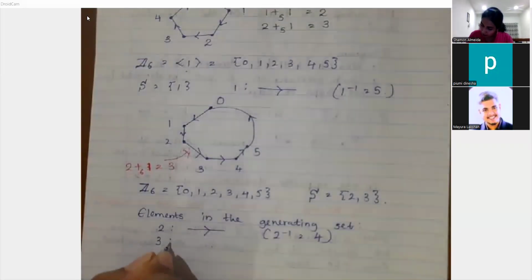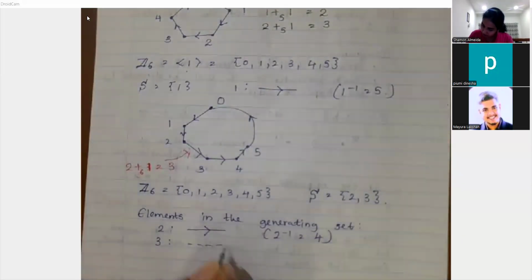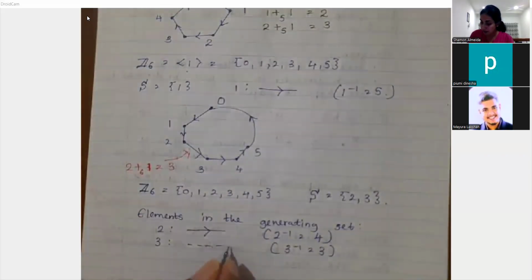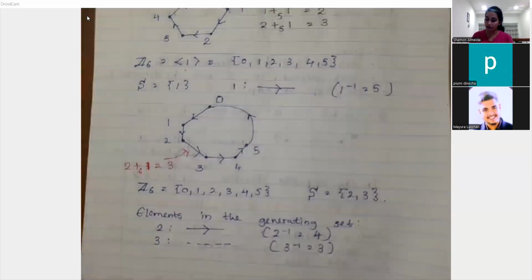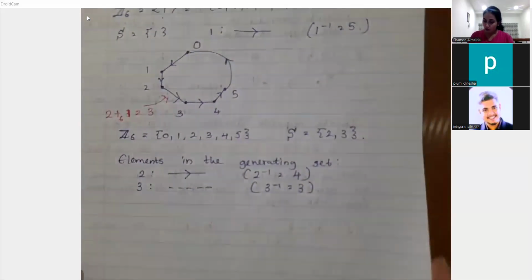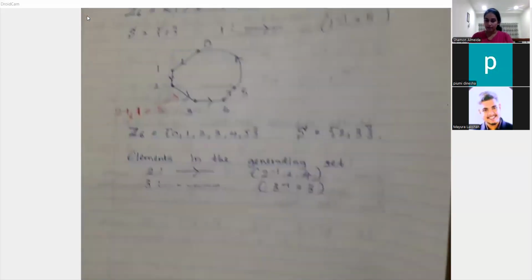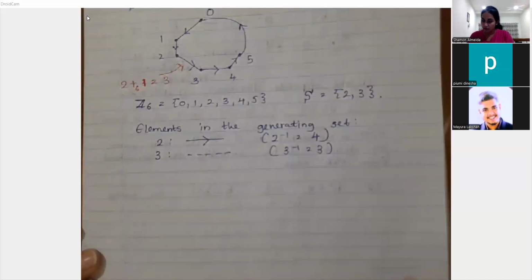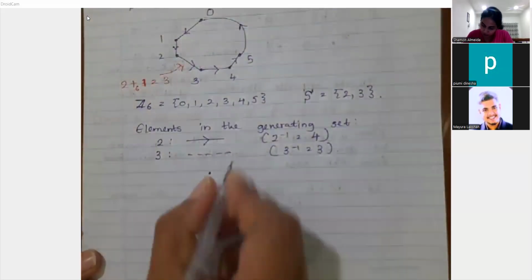For 3, I'll use the dashed line without an arrow. Why is that? In this group, the inverse of 3 is itself, right? The inverse of 3 is itself. So we have these 2 elements. Now, we are starting with 0. Let's start with 0 over here.